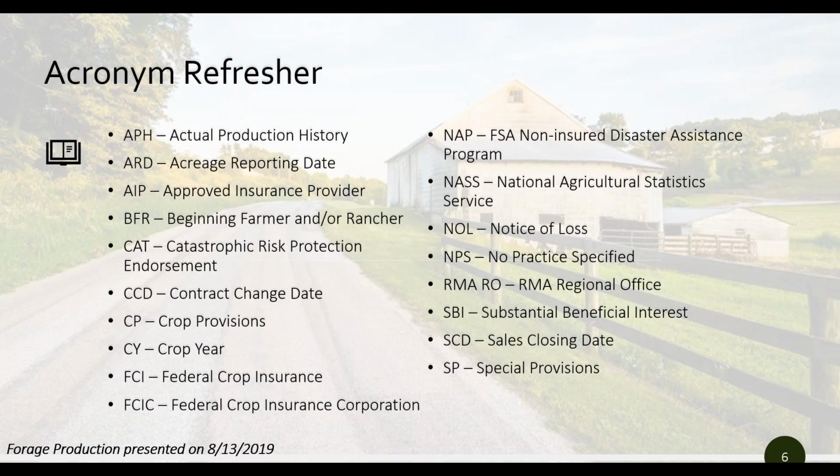No practice specified, NPS, means that when you're looking on the actuarial tables at the type of coverages that are offered, no practice specified usually means that the coverage doesn't distinguish between irrigated and non-irrigated practices. So with that, let's continue on.